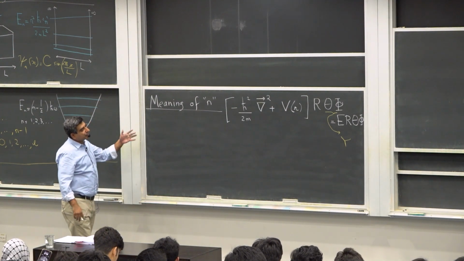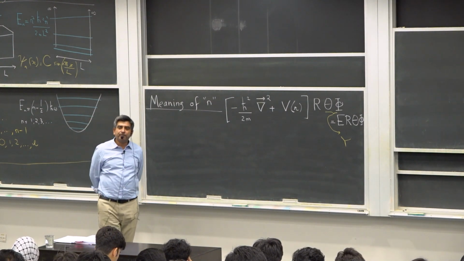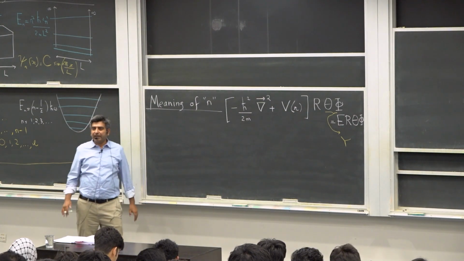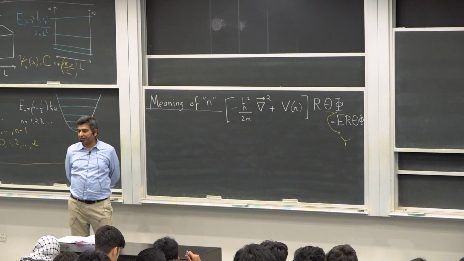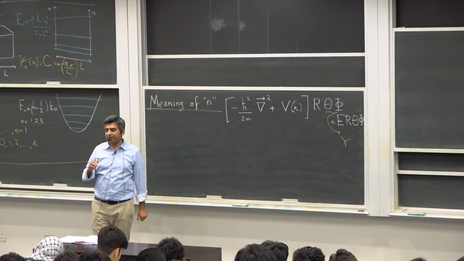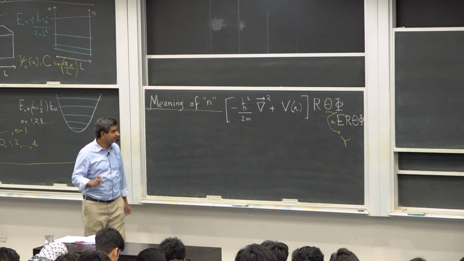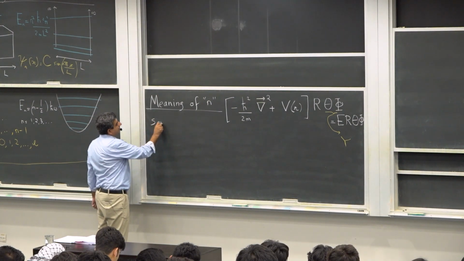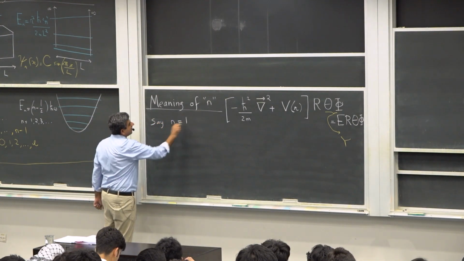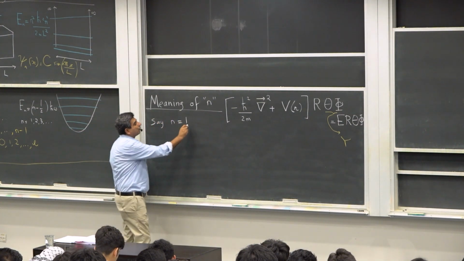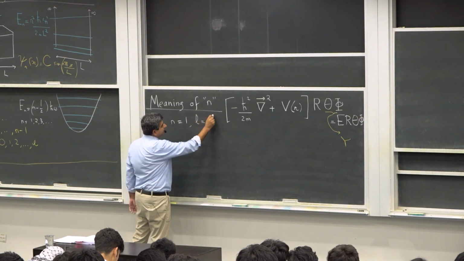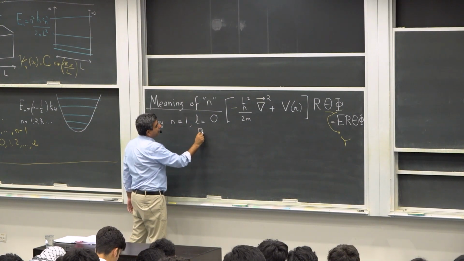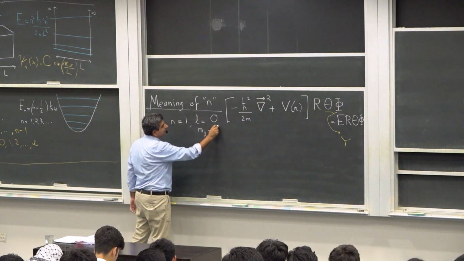So in order to find out the meaning of n, what I would do first of all is look at the smallest value of n. What's the smallest value of n possible? 1. Say my n equals 1. What would be my value of L? 0. What would be my value of ml? 0.